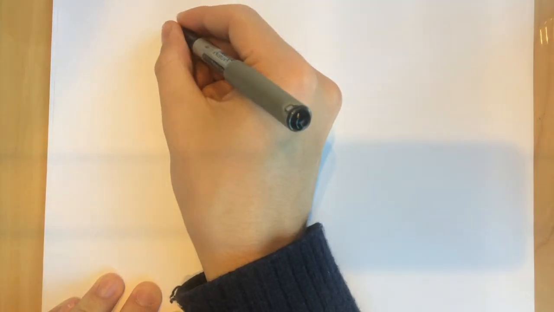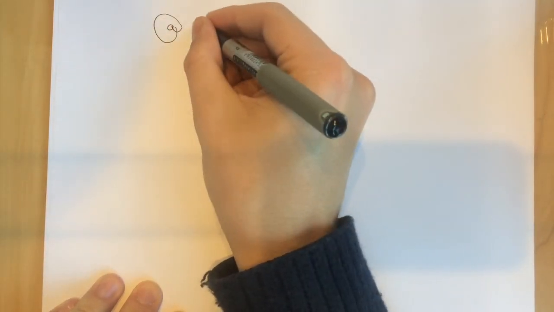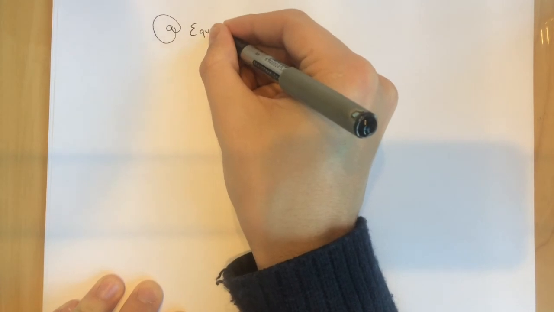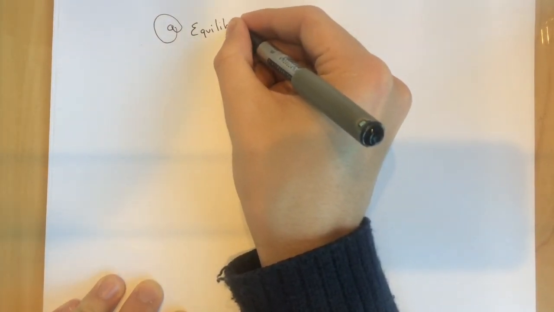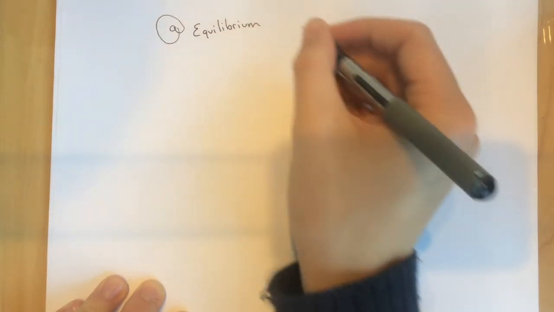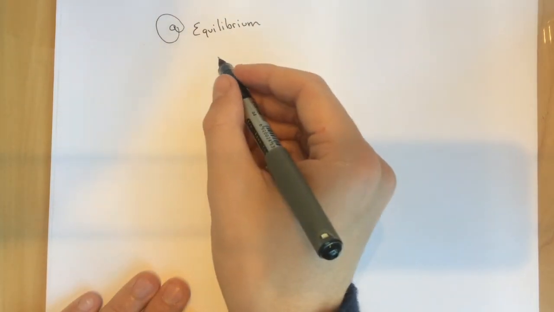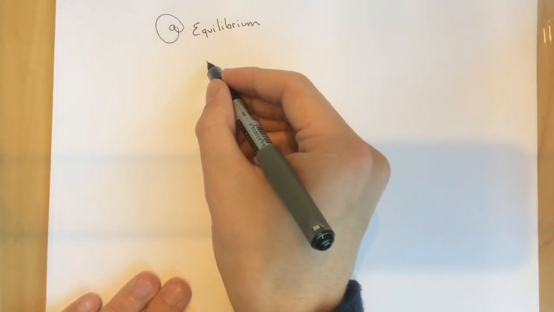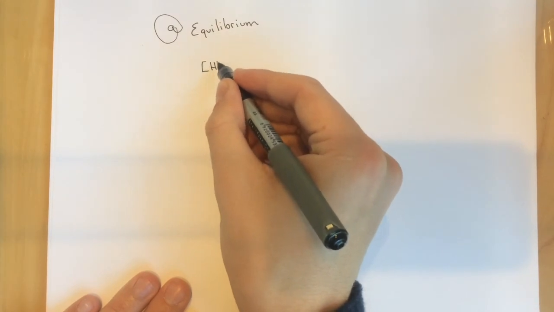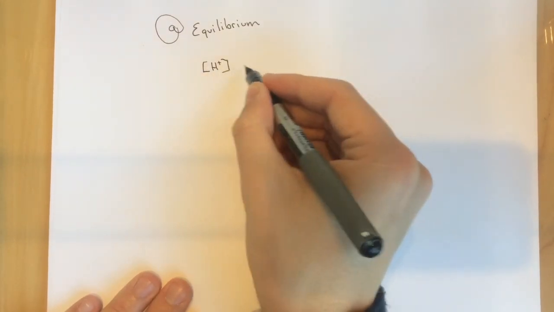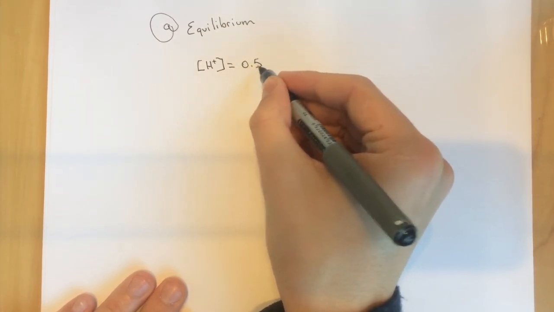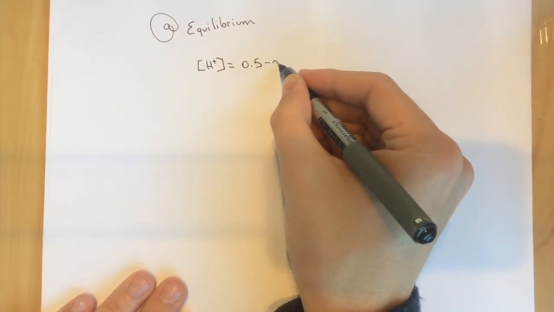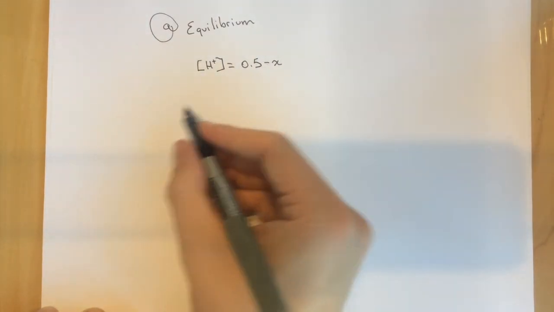Now our next step is going to be to solve for the concentration of H plus at equilibrium. So since we know that our concentration of H plus after the change, so at equilibrium, is equal to 0.5 minus x, and we just solved for x.